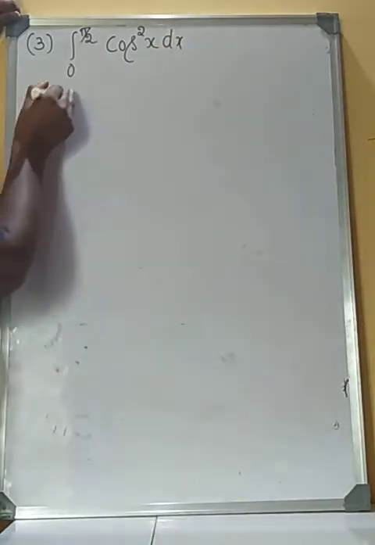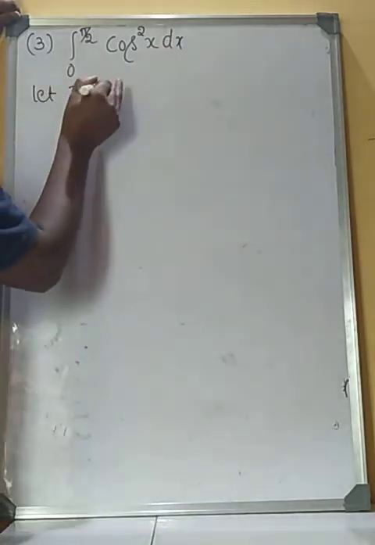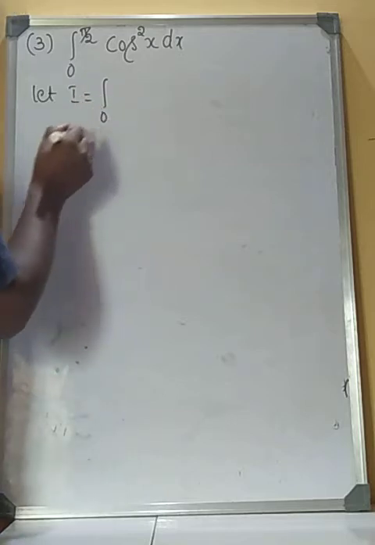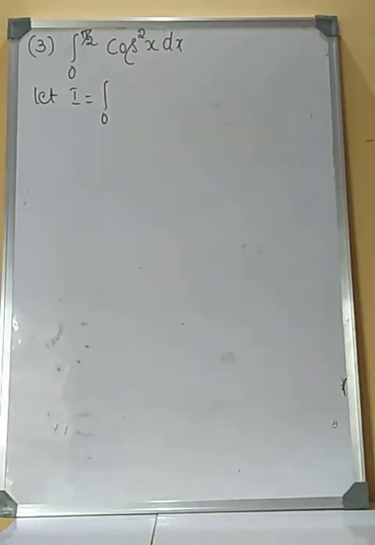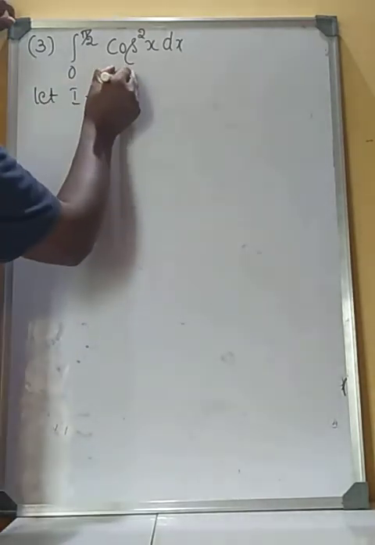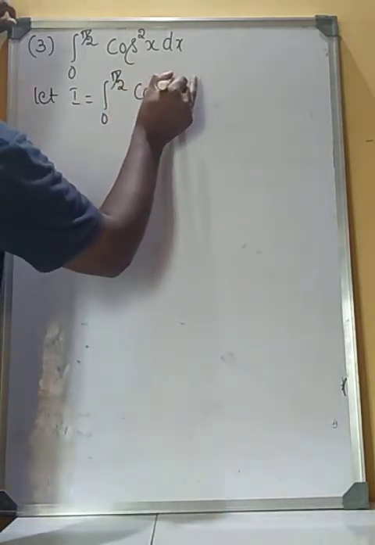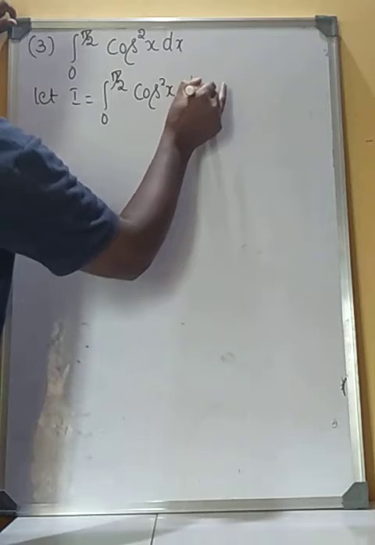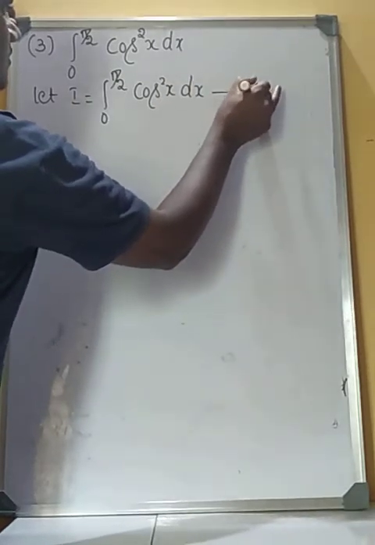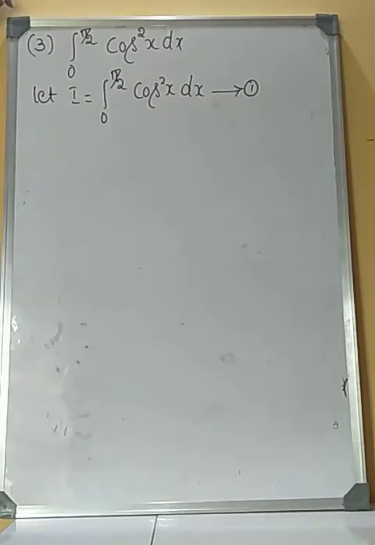So let I be equal to integral 0 to pi by 2 cos square x into dx, called equation number 1.